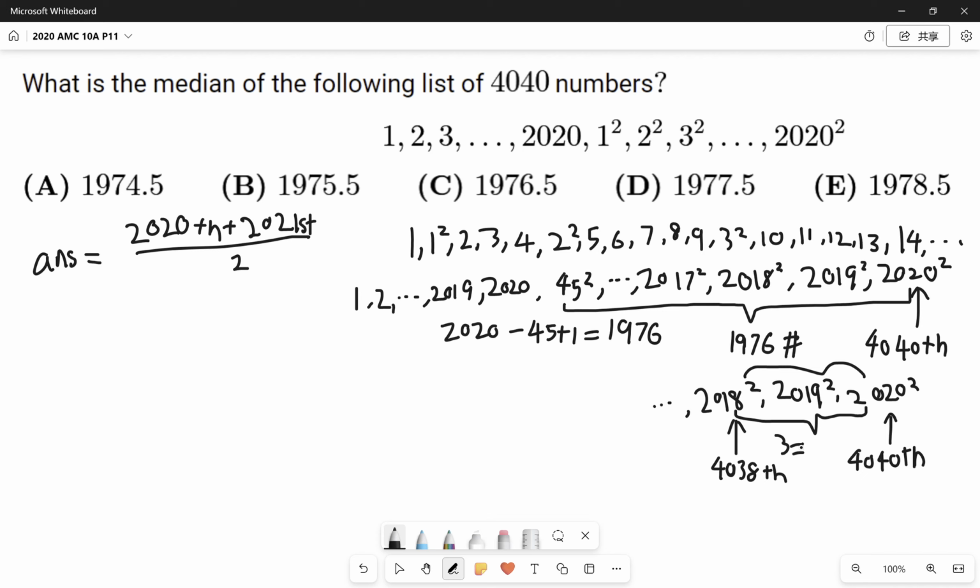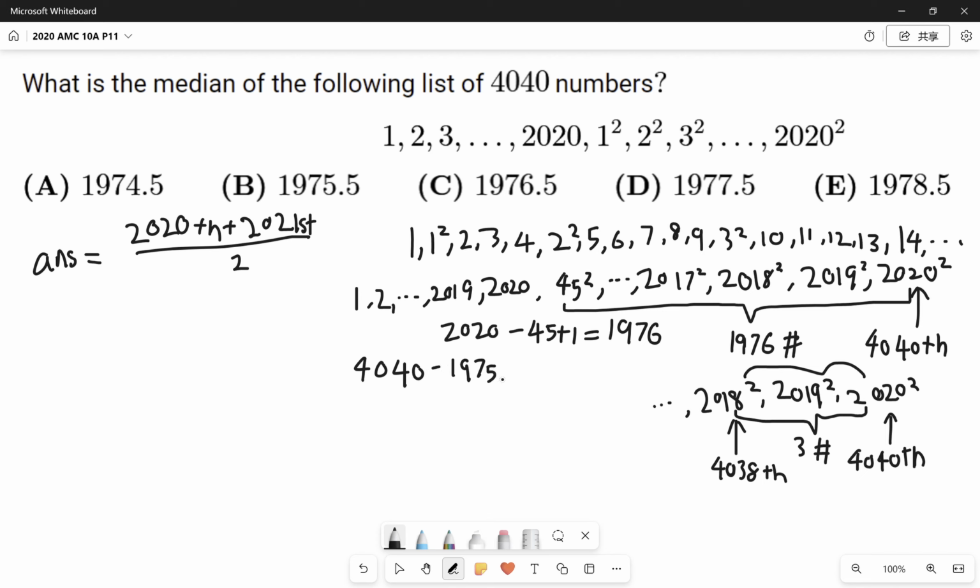Now, how do we find the number of jumps that we need to get from 2020 squared to 45 squared? We realize here that we have 3 numbers, and we need to make 2 jumps. We can generalize this, meaning that if we have 1,976 numbers, we need 1,975 jumps.